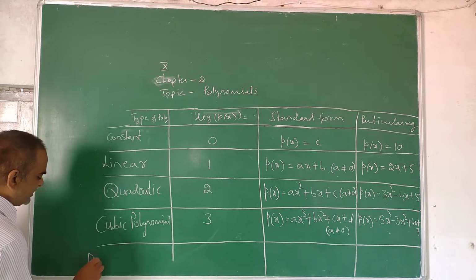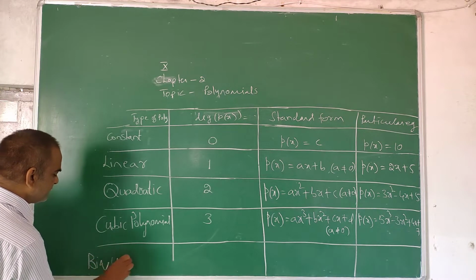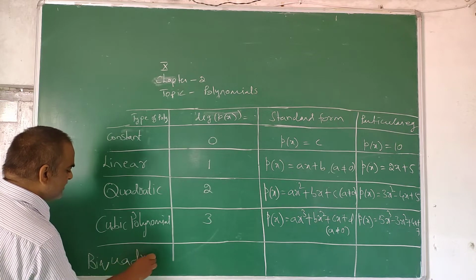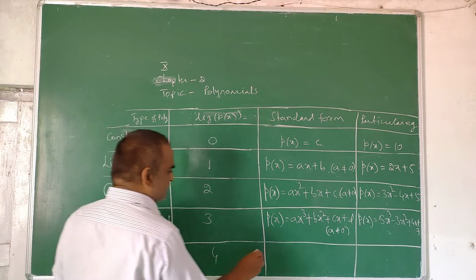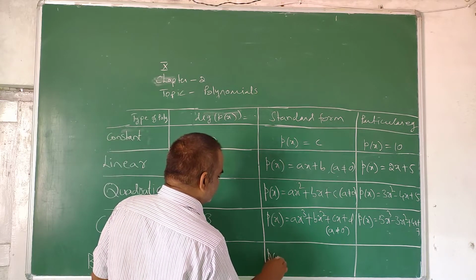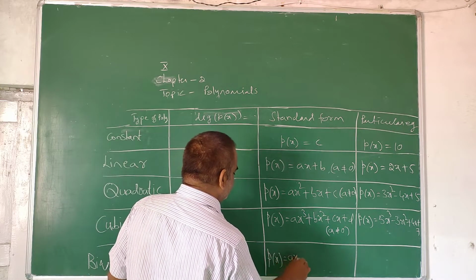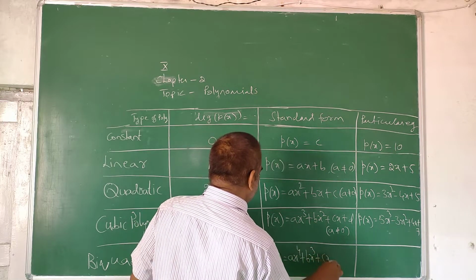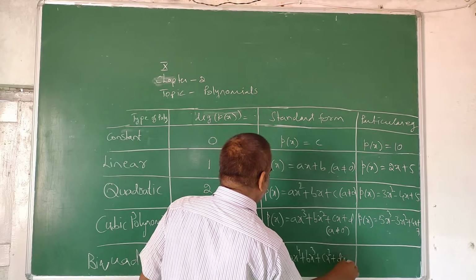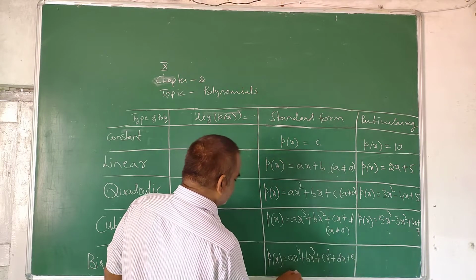Next, biquadratic polynomial. It's a degree 4 polynomial and its standard form is ax power 4 plus bx cube plus cx square plus dx plus e, where a is not equal to 0.